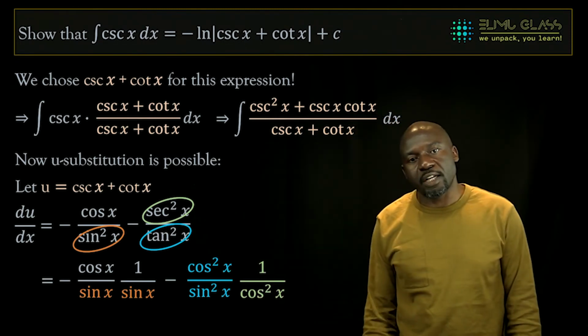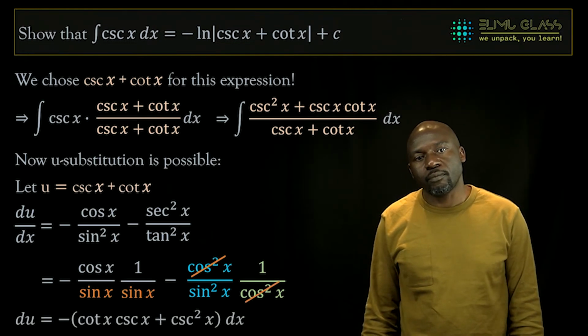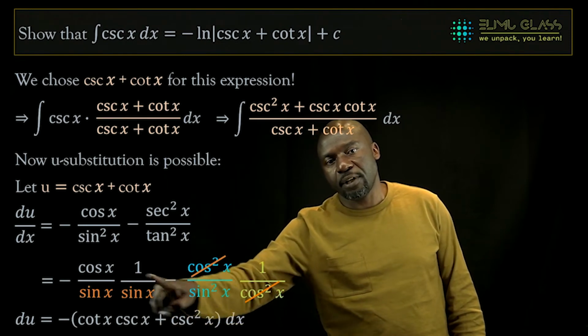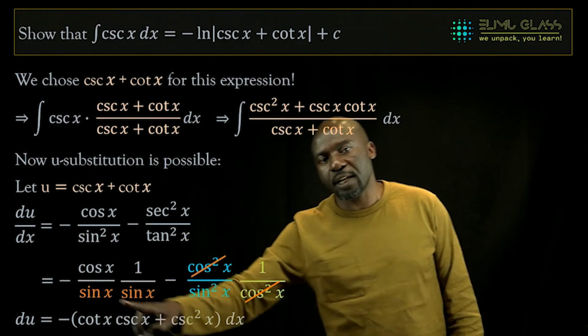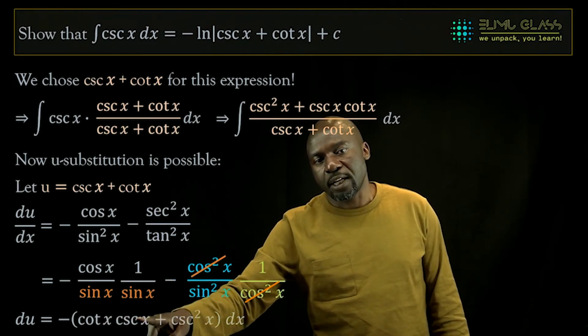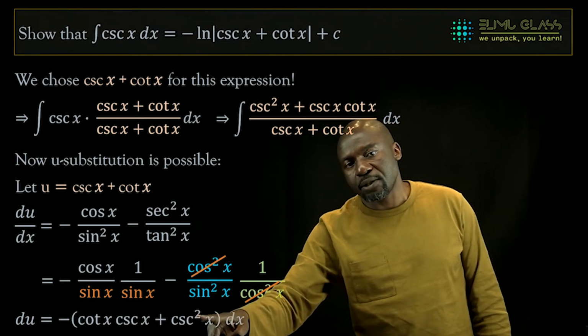So if I simplify that, there's a negative here and a negative there, so we can factorize the negative out. Cosine over sine is cot, 1 over sine is cosec, and 1 over sine squared is cosec squared.